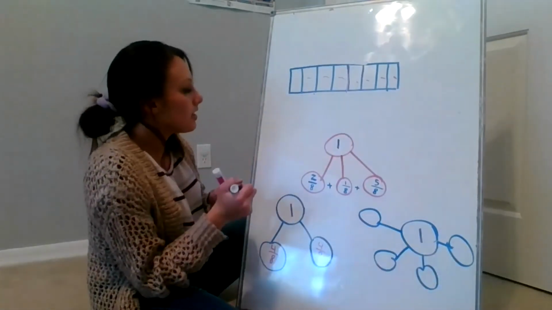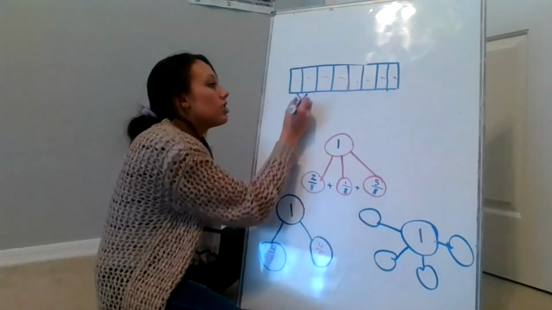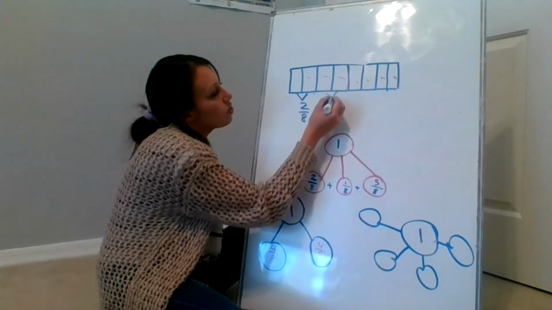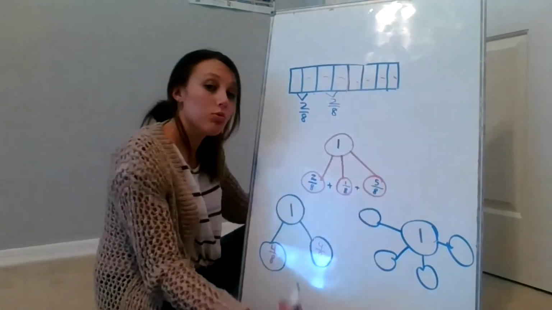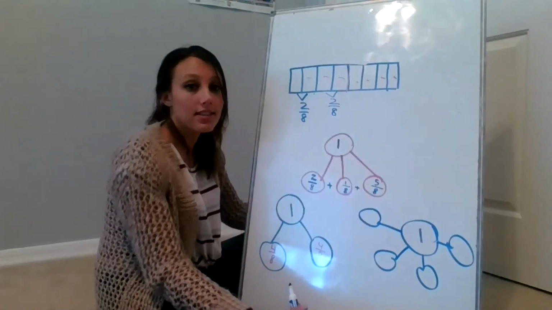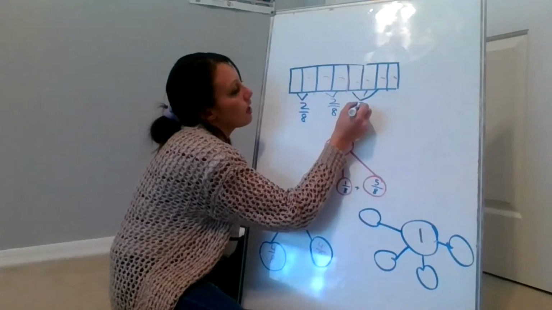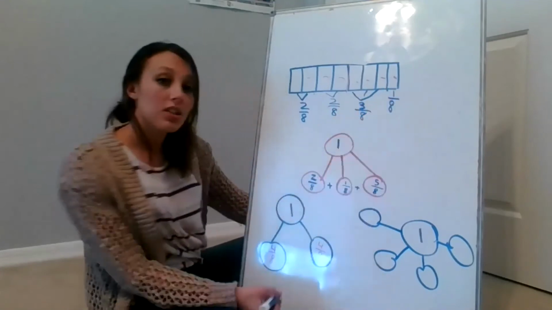So if I did this into 4, what can I do? I can do these 2. So I can say 2 8ths plus, we'll do another 2 8ths plus, I can do 2 8ths again, or I can do 3 8ths. Let's try 3 8ths. So 1, 2, 3, we got 3 8ths, and then I have a final 8th over here. That's 4 numbers, right?